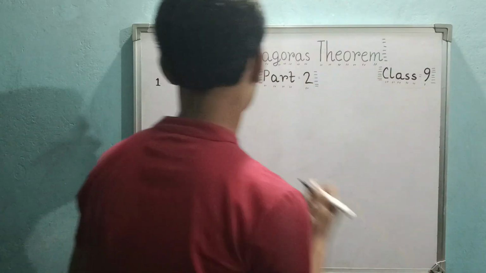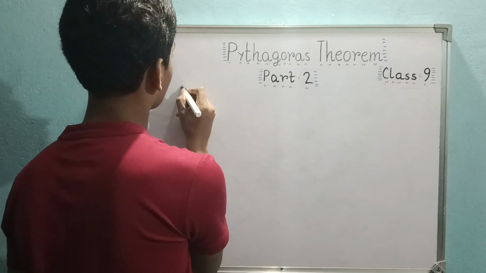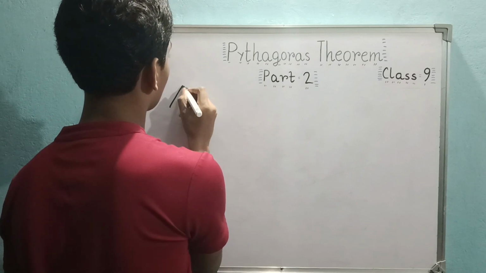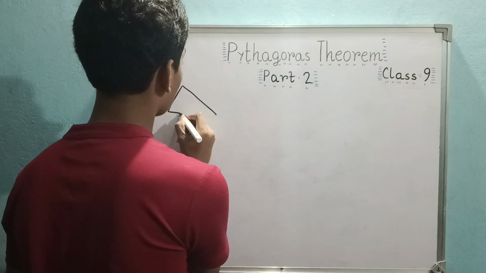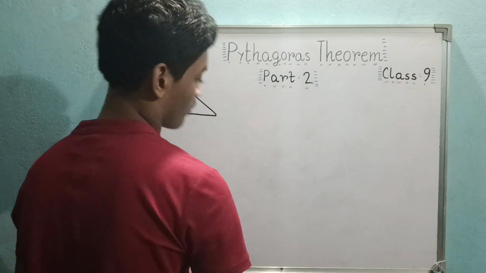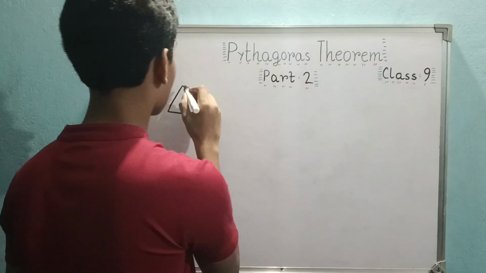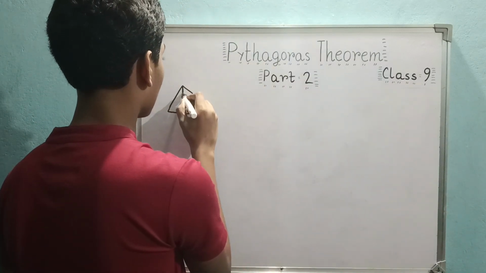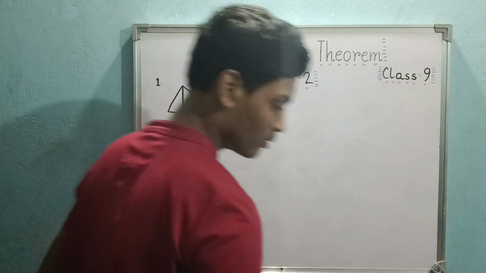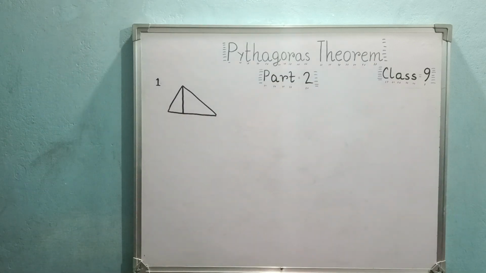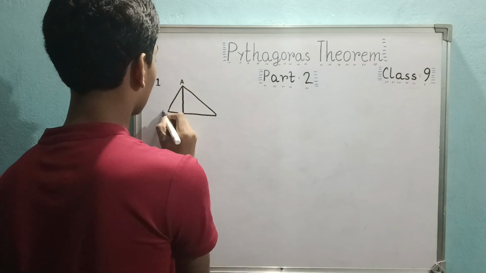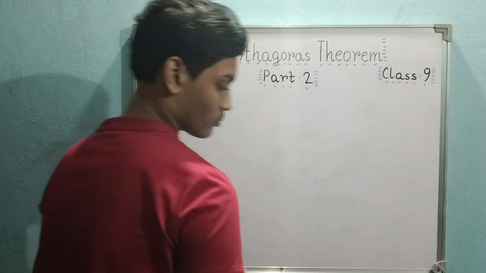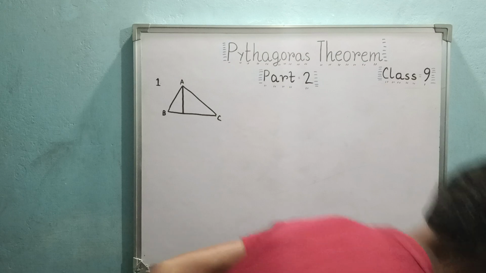First of all, I have a triangle, somewhat like this, and here they have drawn a straight line with names A, B, C. They also have some lengths here.